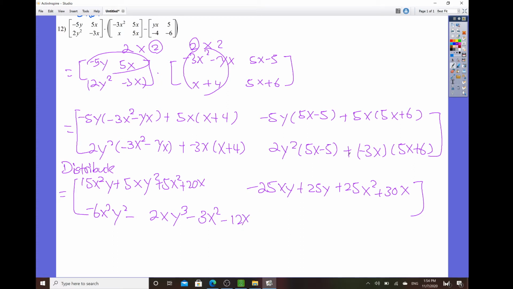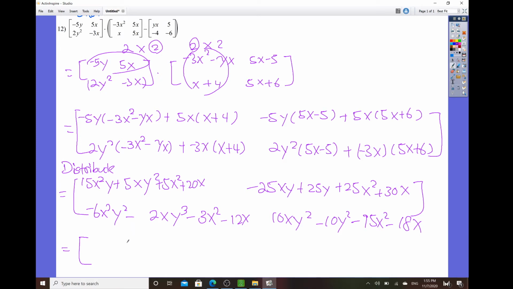The last entry is 10x y squared minus 10y squared, and then minus 15x squared and minus 18x. Finally, combine like terms. Looks like you don't have any like terms for this one. What about this one? There are no like terms.